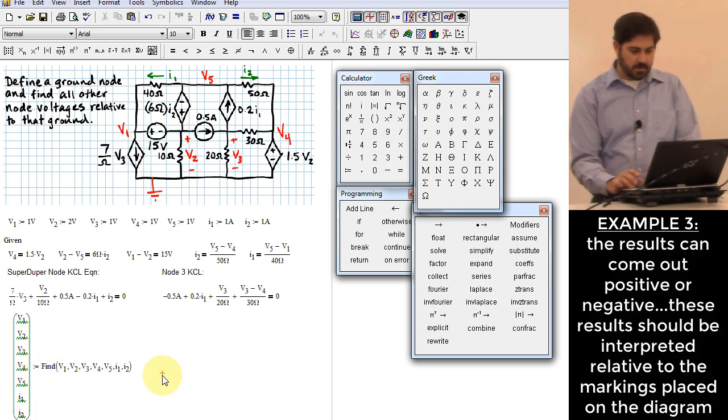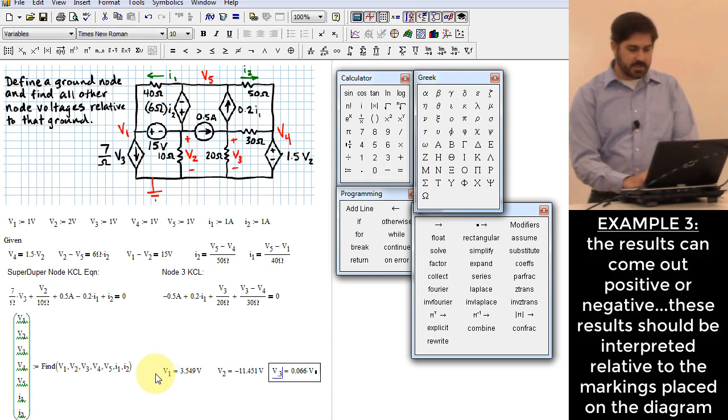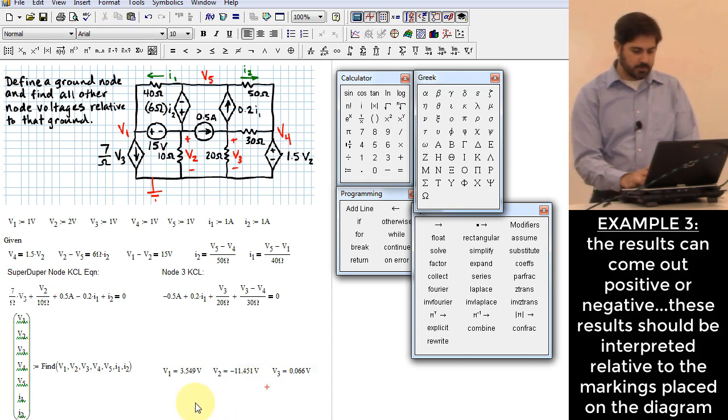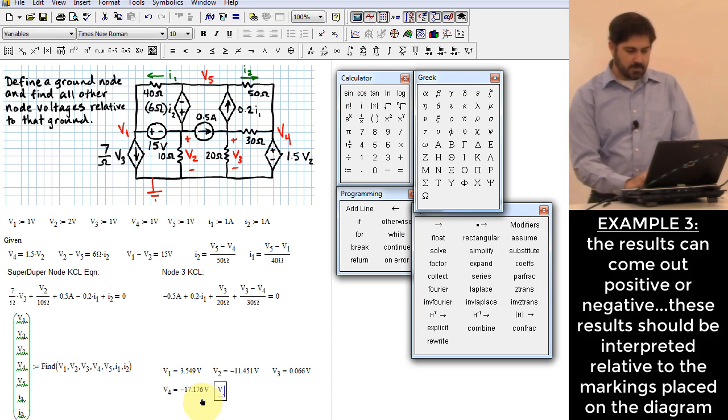V1, 3.549 volts. V2, negative 11.451 volts. V3, 0.66 volts. Okay, V4, negative 17.176 volts. V5, negative 12.64 volts.